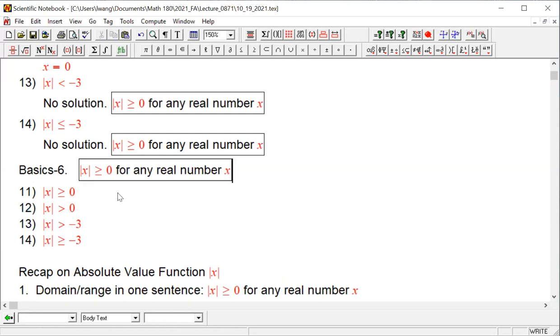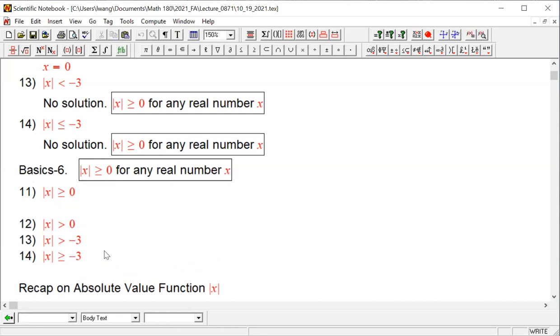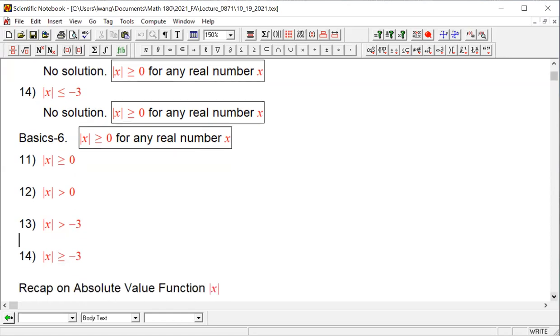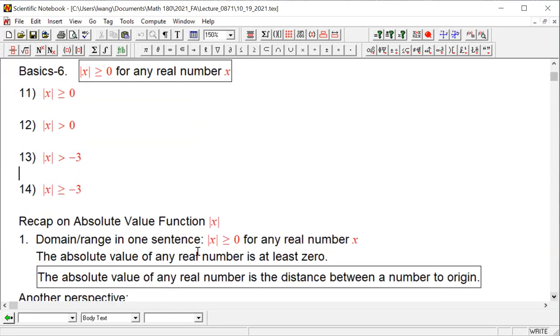Now you tell me, what is the solution to number 11? What's the solution to number 12? What's the solution to number 13? And what's the solution to number 14? Put on your thinking cap.